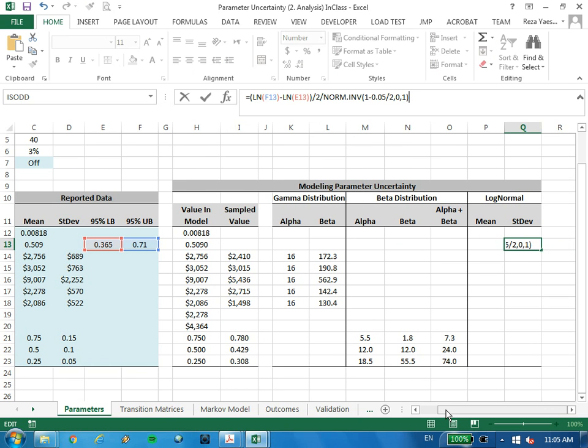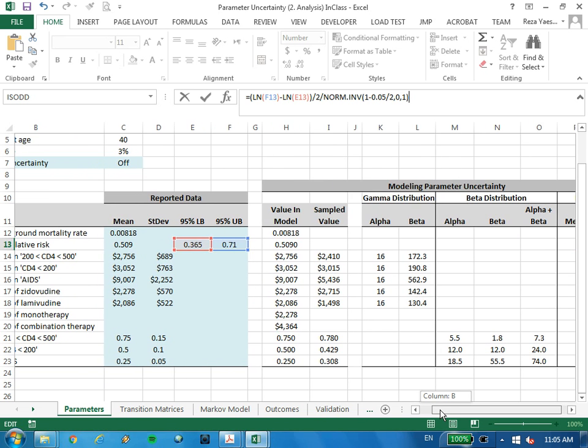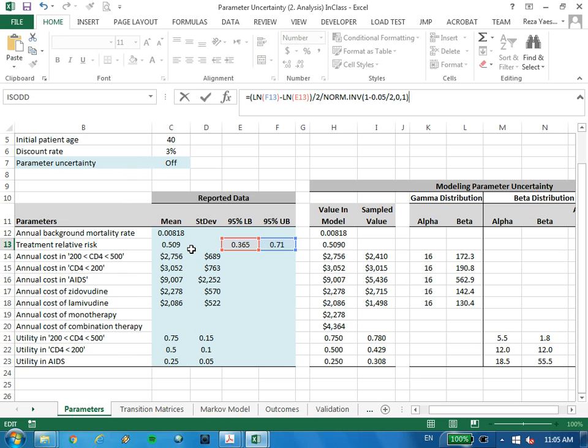All right. So what we are doing here is that in the literature, they say, okay, the treatment relative risk has this mean, and they report the upper bound, lower bound for the relative risk. Now, what I want to do is to generate samples of this relative risk.